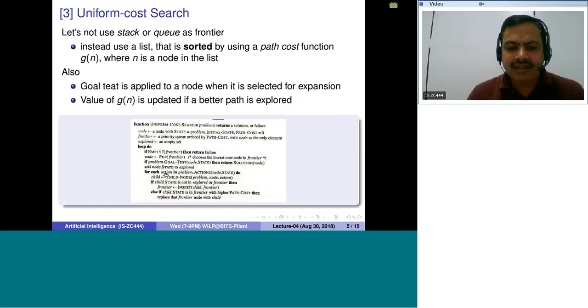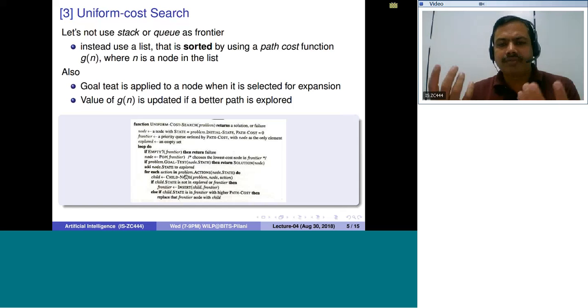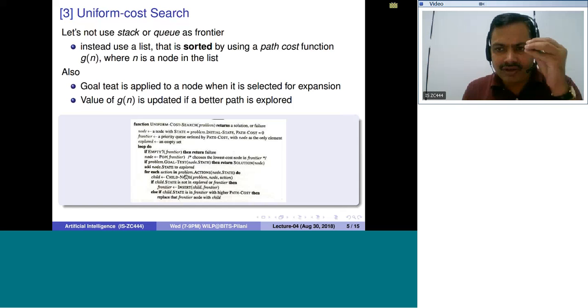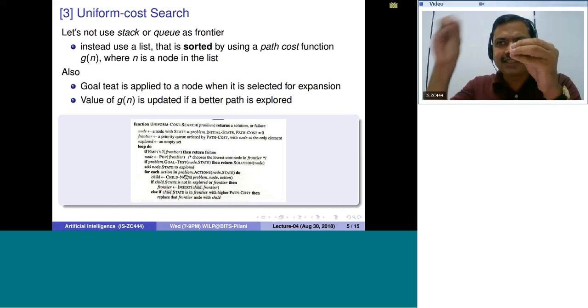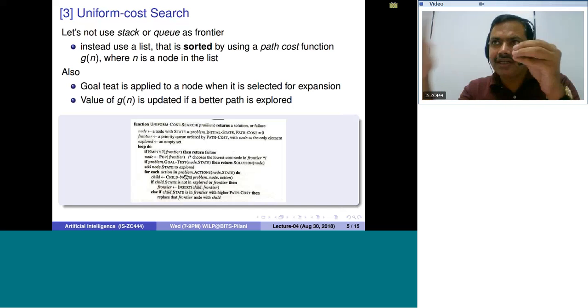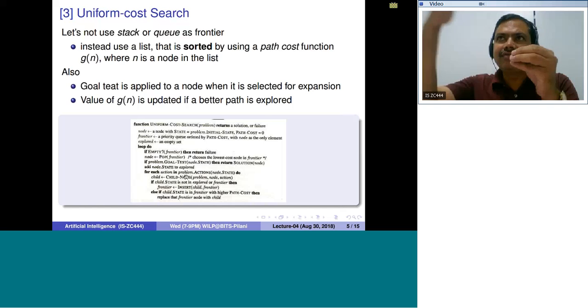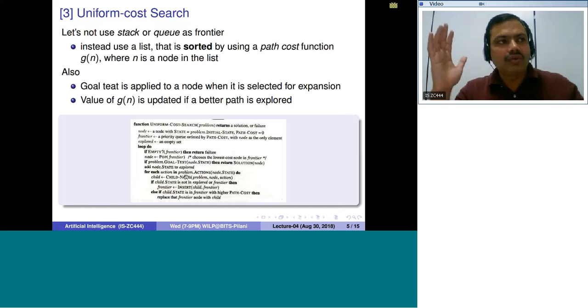For each of the actions, and this is a very important thing, because you are in this state, you apply all the actions and see what can happen next. Whenever you are in a state, you see what actions can be taken and which state you will be in.